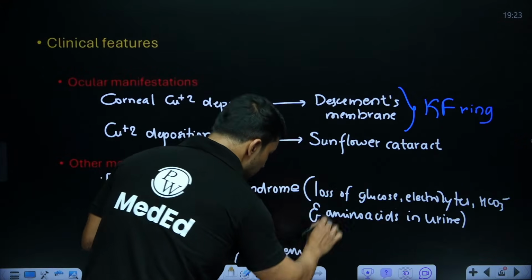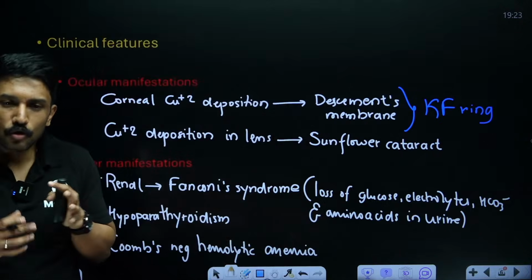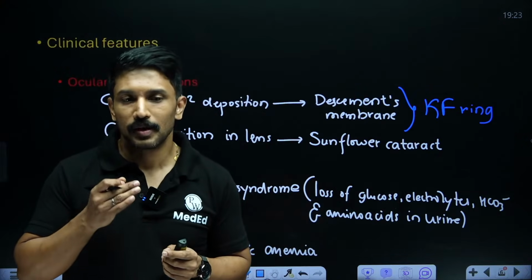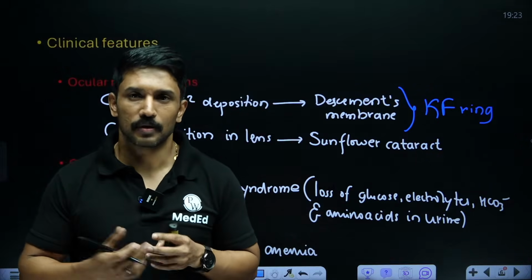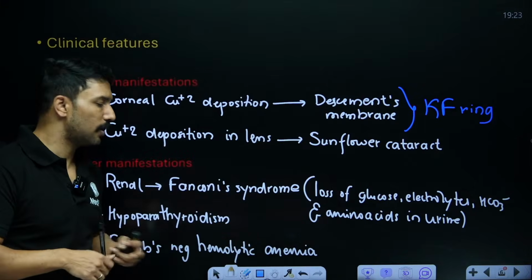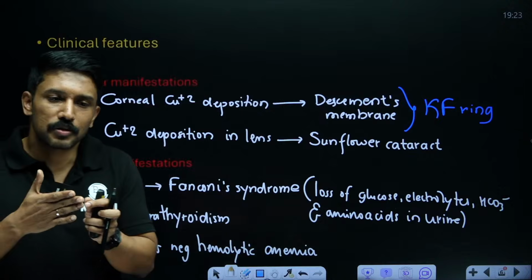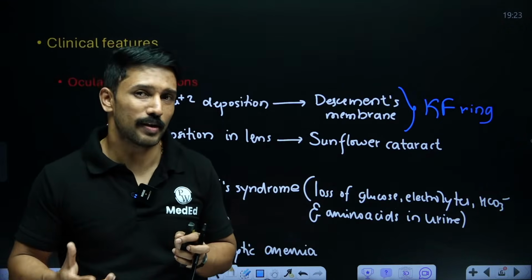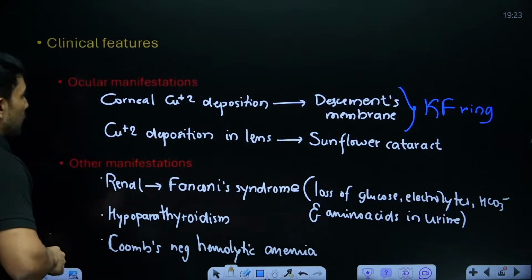In fact, this Coombs negative hemolytic anemia strongly correlates with the risk of acute liver failure in a patient with Wilson disease. So if you have a patient with Wilson disease who ends up with Coombs negative hemolytic anemia, there are high chances the patient will have fulminant or acute liver failure as well. So that is another point.